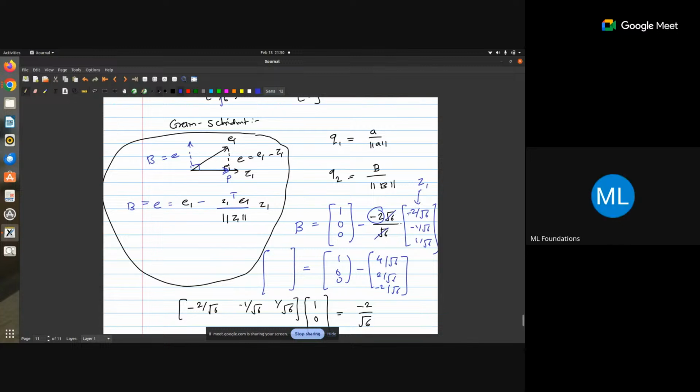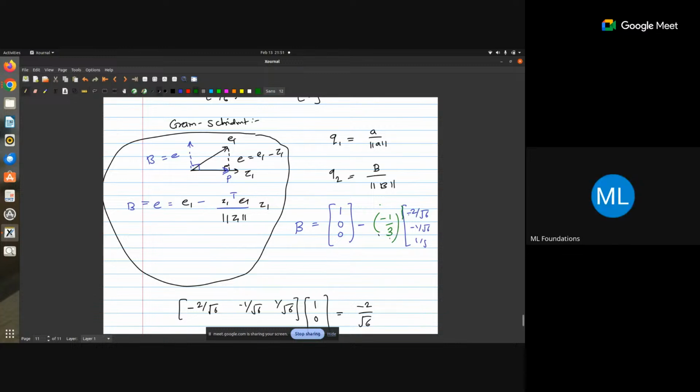This part is minus 2 by root 6, so this will be Z1, minus 2 by root 6. So basically this entire thing will become minus 1 by 3, minus 2 by 3 by 6. So minus 1 by 3, right?